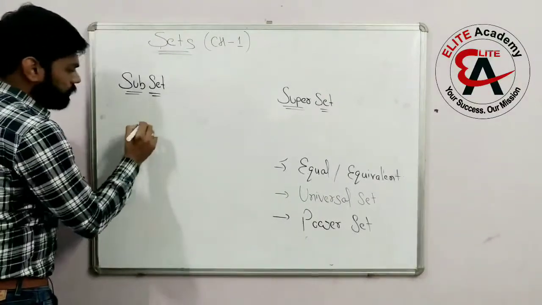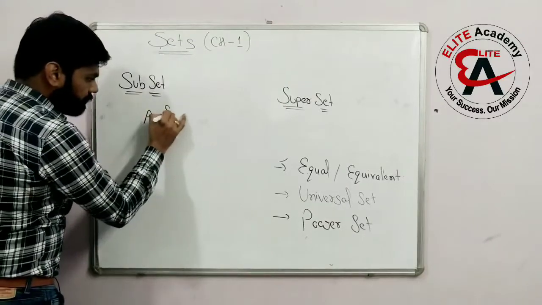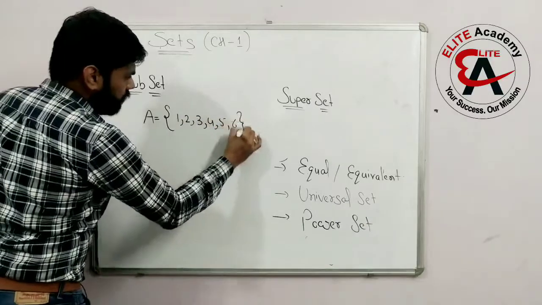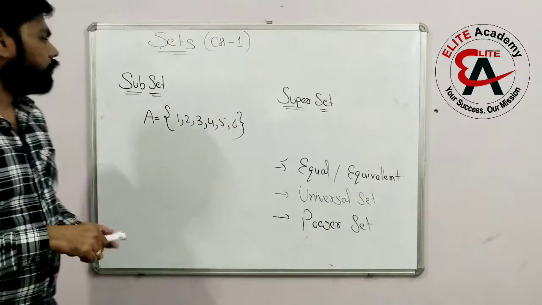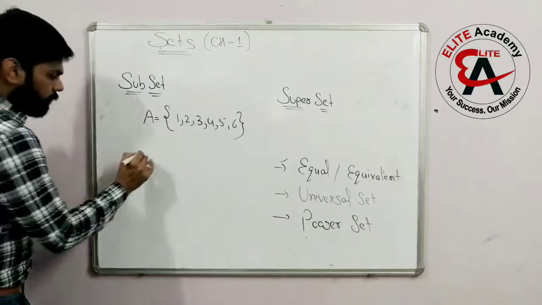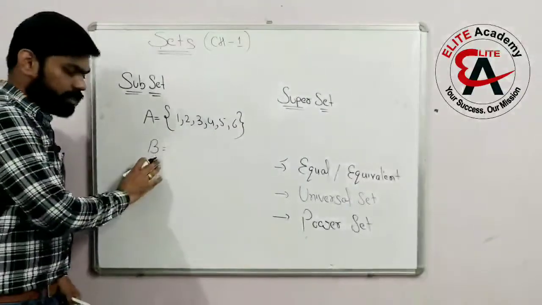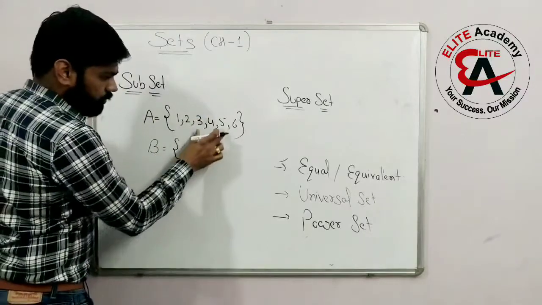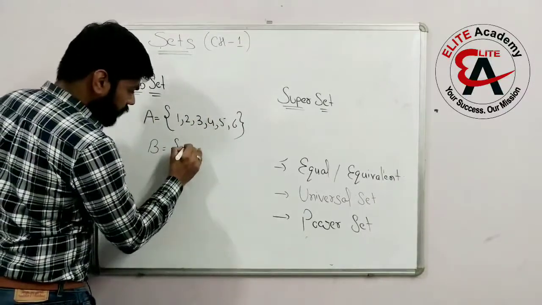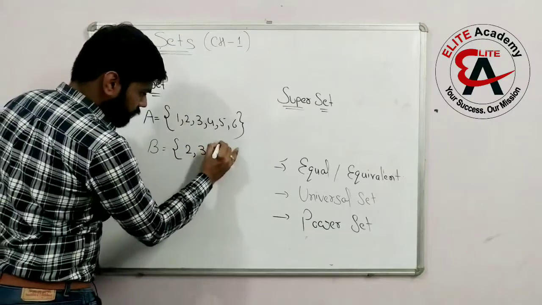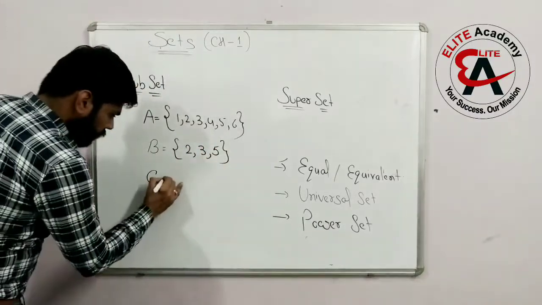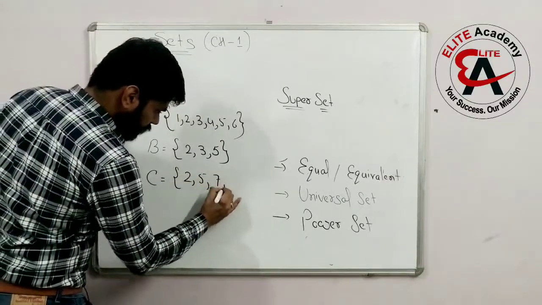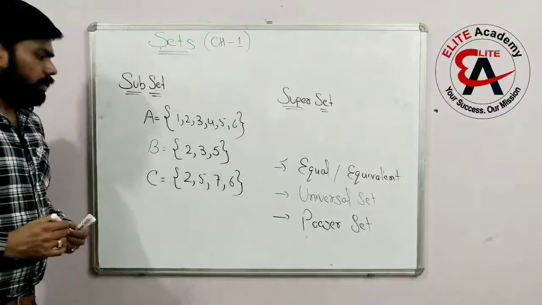For example, if I am saying there is a set A: 1, 2, 3, 4, 5 or 6. Let's say there are 6 elements. I've taken any 3 or 4 elements and made a set. I'm writing a set B by taking a few elements of this. Let's say I'm saying 2, 3, 5. One more set I'm writing over there. I'm saying C: 2, 5, 7, 6. Now just have a look.